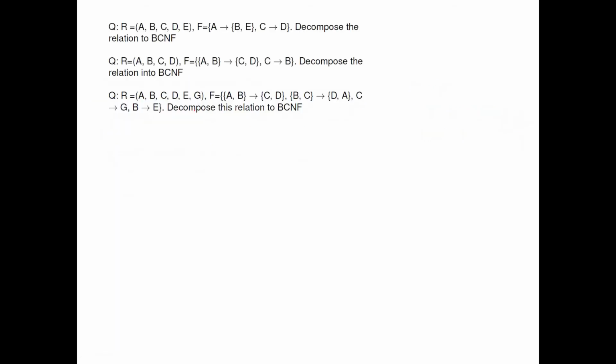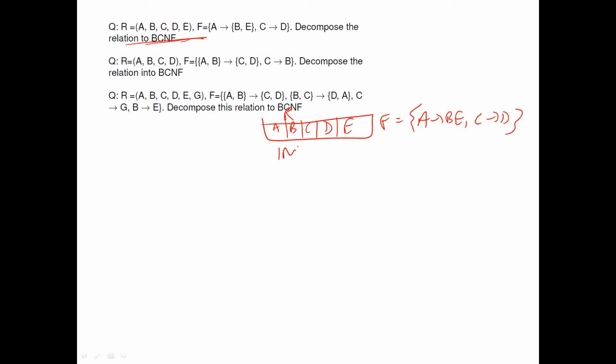let's see the example. Let there be a relation R containing A, B, C, D, E. Let the functional dependencies be given, and let's check whether it is present in BCNF or not. F is given as A to B, E, and C to D. It is present in 1NF because the schema is given, and here I can easily find the key.